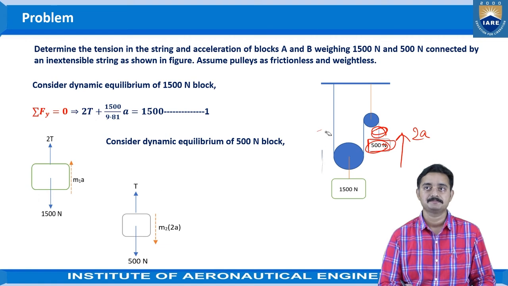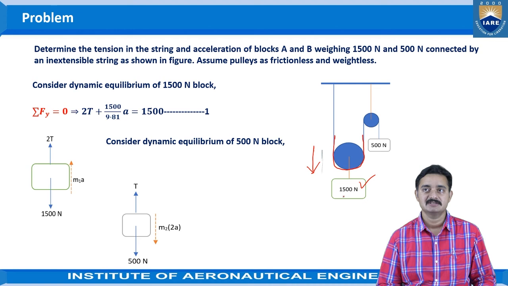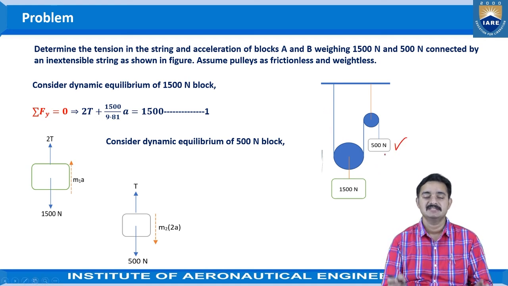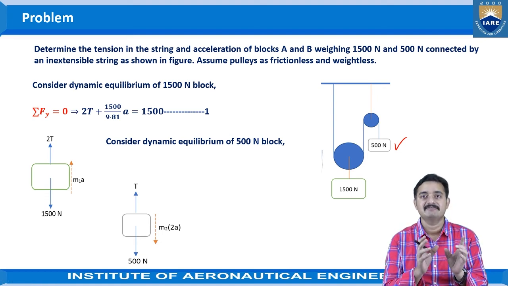Why? Because as this 1500 Newton block is wound to double the string here, for one unit of acceleration to which this 1500 Newton comes downwards, 2 units of acceleration, this 500 Newton will move upwards. Because that acceleration is dragging this 500 Newton block in twice manner. So the acceleration will be double for the 500 Newton block. There is a difference here from the regular things which we have considered, that is, all the blocks having the same acceleration.